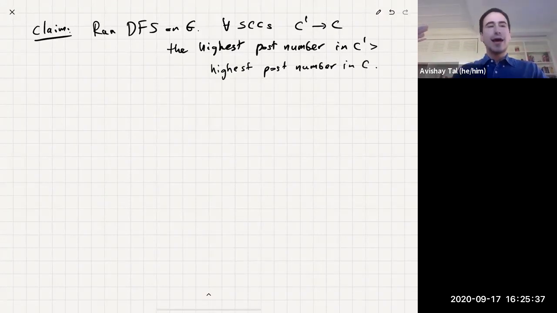What happens in a DAG? In a DAG, the strongly connected components are just single vertices. And then, if we have an edge, we know that the post number at the beginning of the edge is higher than the post number at the other side of the edge. So it's sort of like what we saw earlier about post numbers in DAGs is a special case of this claim.